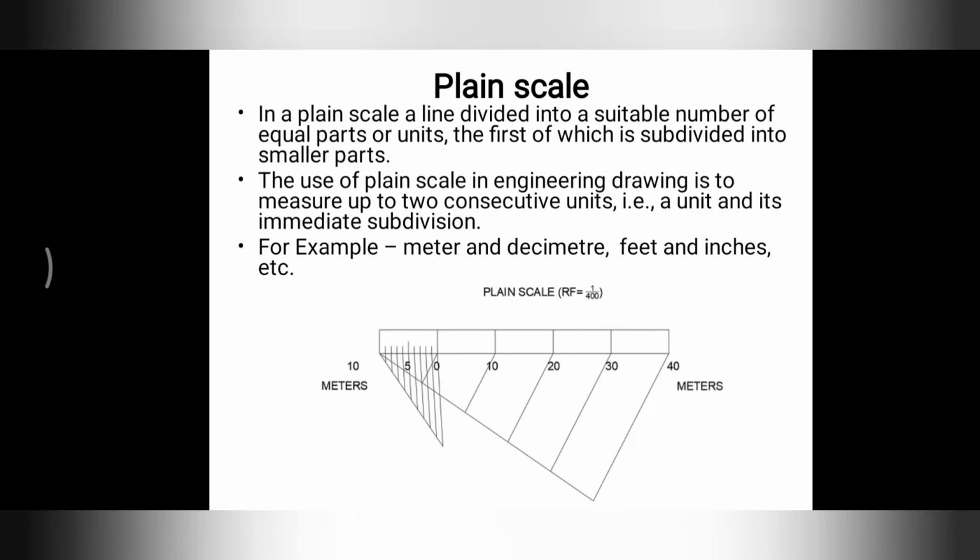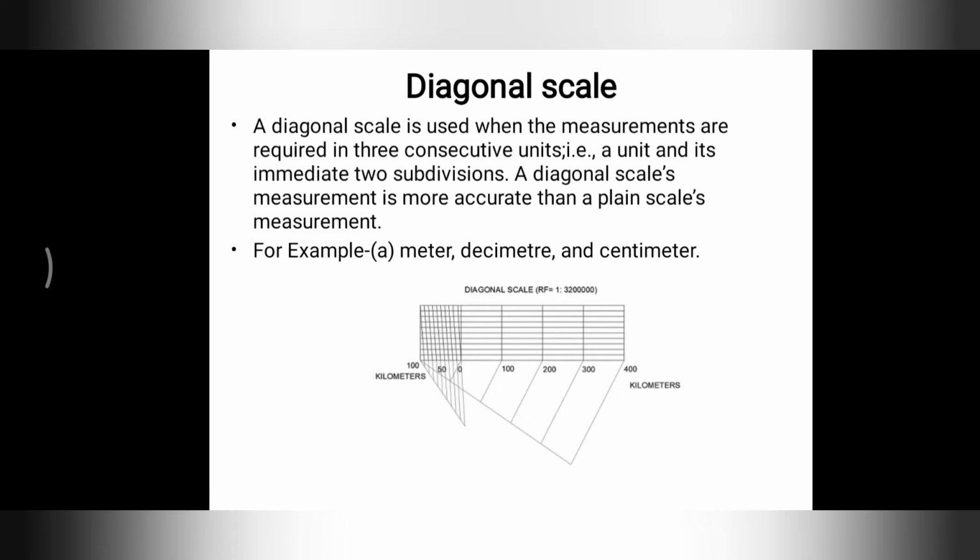and scale of chords. The plane scale is basically used to find two consecutive units, for example meter and decimeter, or feet and inches. In those cases the plane scale is suitable, where we require only two consecutive units to be measured, with the immediate subdivision.